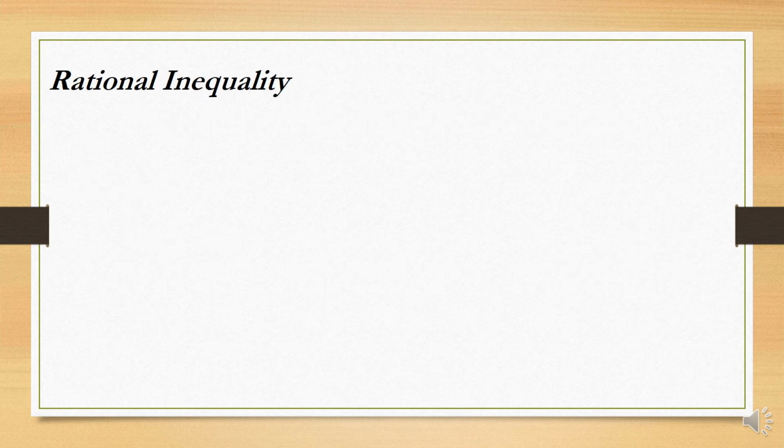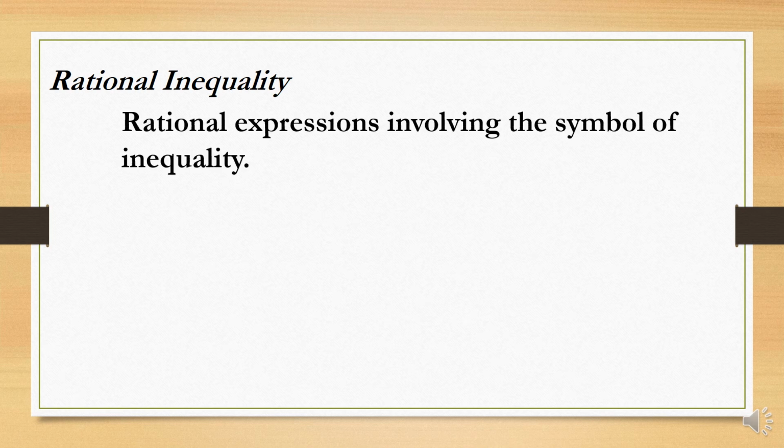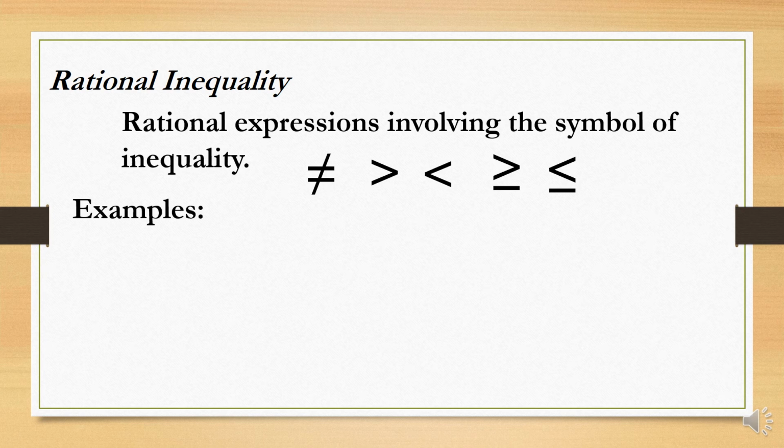How about rational inequality? Rational expressions involving the symbol of inequality, such as not equal, greater than, less than, greater than or equal, or less than or equal. Examples. So you have observed that it is a rational expression involving greater than or equal.